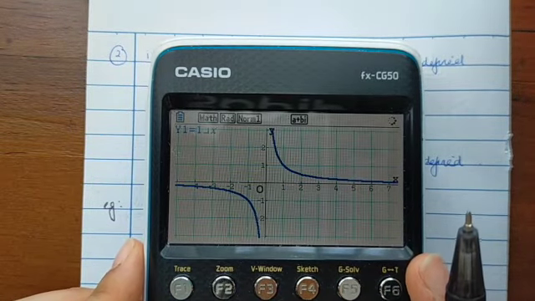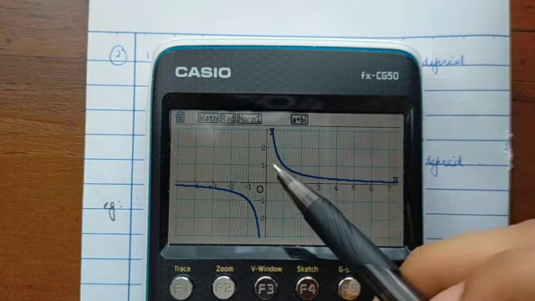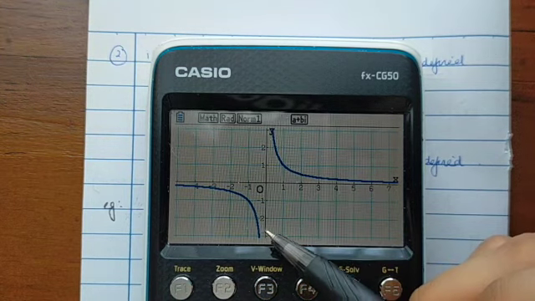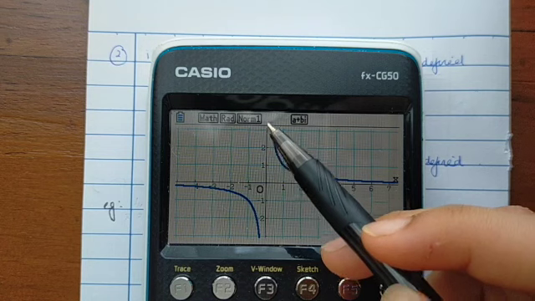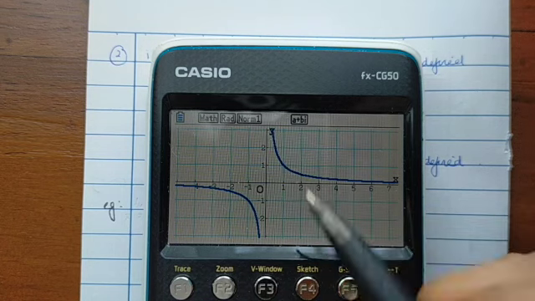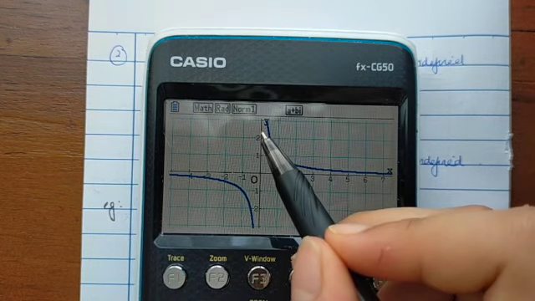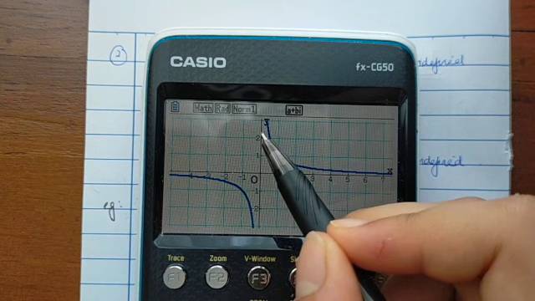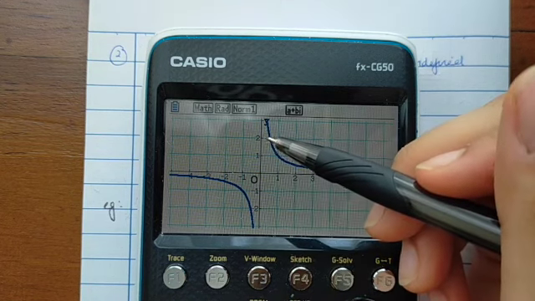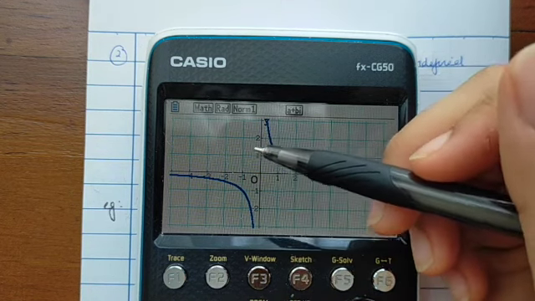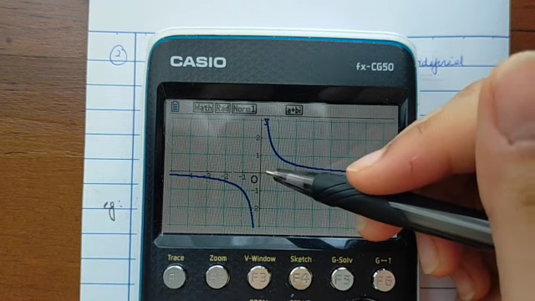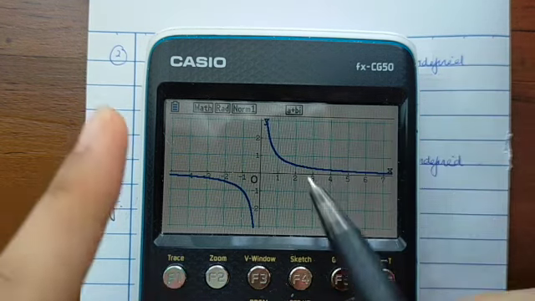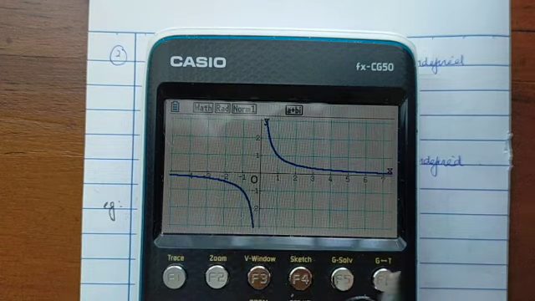So this is the function of 1 over x. Now 1 over x never really approaches 0. It gets very, very close to 0, but it never really crosses 0. So there is a very, very, very small part where the function and the y-axis never really meet.